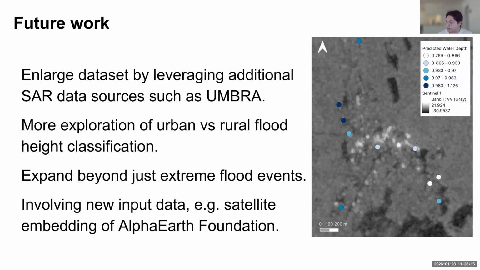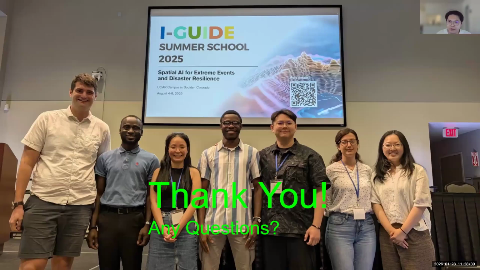We also want to expand beyond just extreme flood events, because currently we are focusing only on extreme flood events. Going beyond them will help us get a precaution alarm system. And eventually we want to involve new input data, such as satellite embeddings from Alpha Earth's foundation, which would be very beneficial for machine learning purposes. Thank you. This concludes our presentation, and we welcome any questions or comments from the audience.